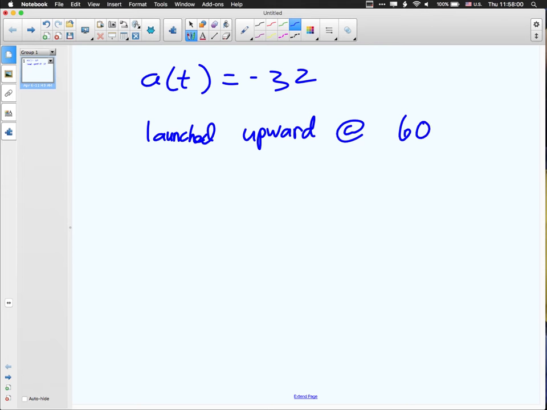Okay, it's upward at 60 feet per second. So, how do we find anything, given acceleration and speed?